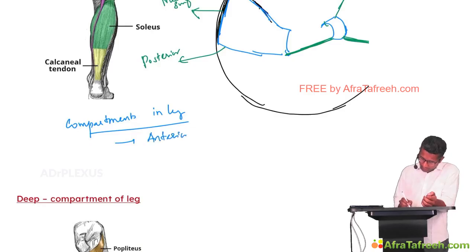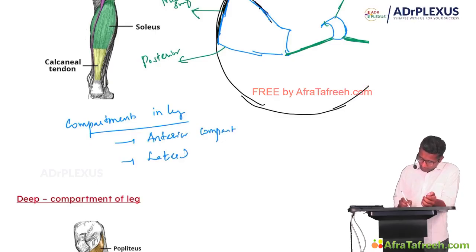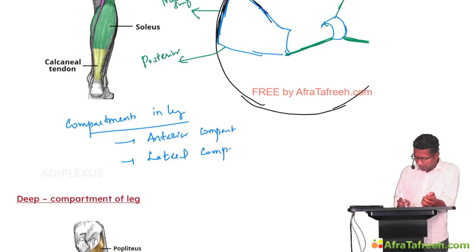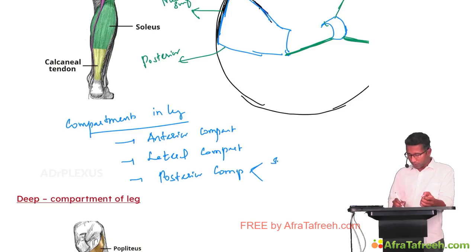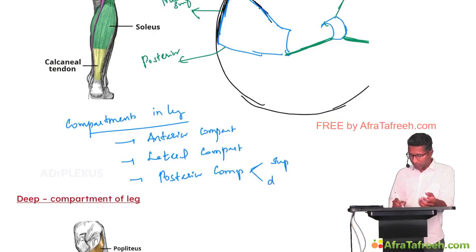The next is the lateral compartment of the leg. The third one is the posterior compartment of the leg, and this posterior compartment is divided into 2: a superficial compartment and a deep compartment.